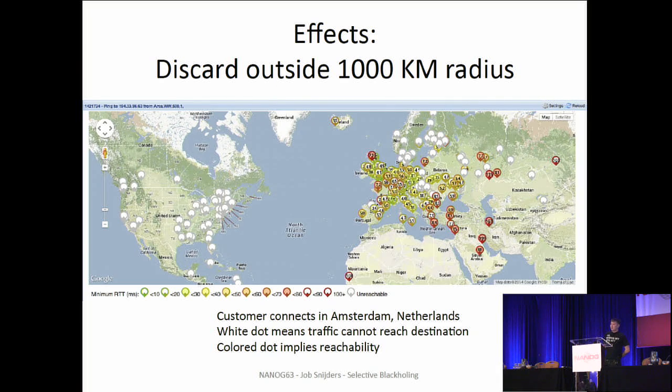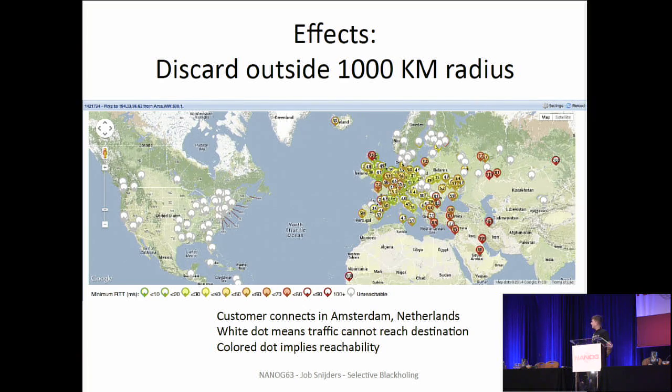Let's assess the effects of selective blackholing. I used the RIPE Atlas system, all those tiny probes spread around the world where you can run measurements. I did an implementation of selective blackholing in a certain network, and I made it so that outside a radius of 1,000 kilometers, packets would be discarded, but inside the radius of 1,000 kilometers, traffic would just forward as usual.